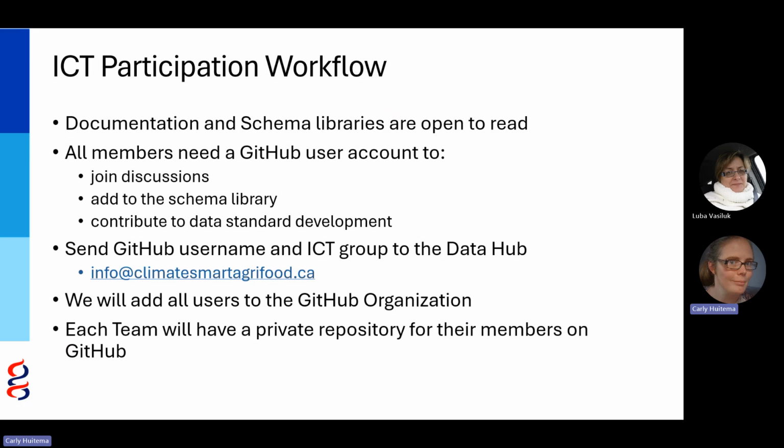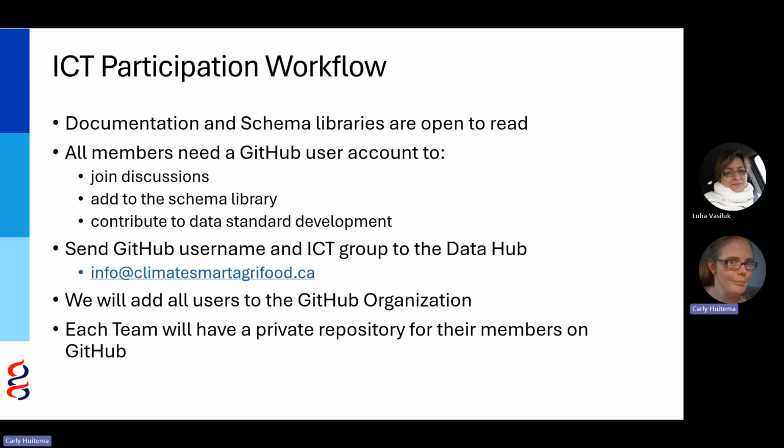So please send your GitHub username and your ICT group, because then I will put those GitHub user accounts into specific ICT teams, and that way we can have team by team control in GitHub. There is the email right there, info@climatesmartagrifood.ca, rolls off the tongue. That gets checked every day, French or English.